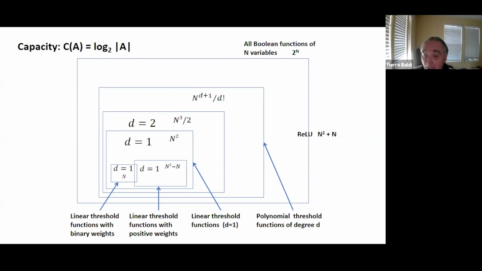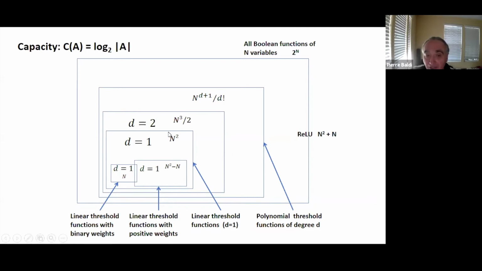Is there a hyperplane that separates the blue points from the red points? Your intuition should be that, for a random coloring in general, you will not get such a hyperplane, and that is correct. And the number of linear threshold functions, or the number of colorings that are linearly separable, turns out to be 2 to the n squared, roughly. And so the capacity is n squared, which is what you see in this box.